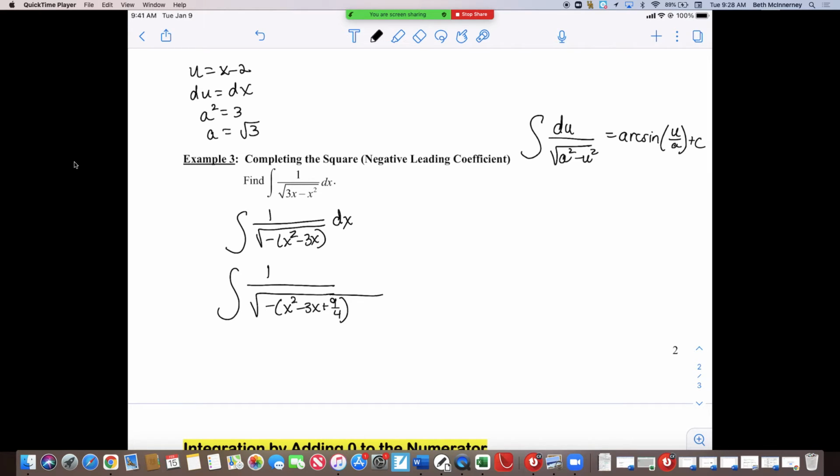Negative 3 halves squared is positive 9/4. But there's a negative in front of that, so I've technically subtracted 9/4. So what I'm going to have to do is counter that by adding 9/4.